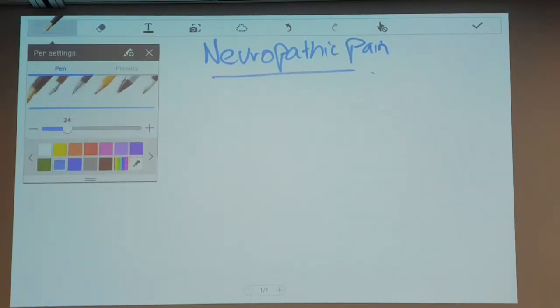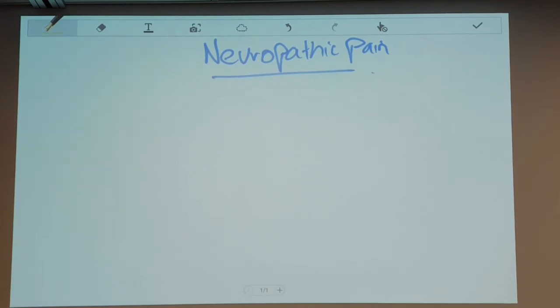So let's do this in yellow, because traditionally nerves are always coloured yellow. Our nervous system is made up of the brain stem, our spinal cord, and then our peripheral nervous system.